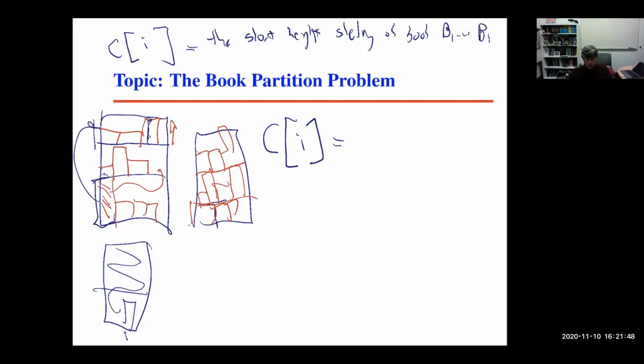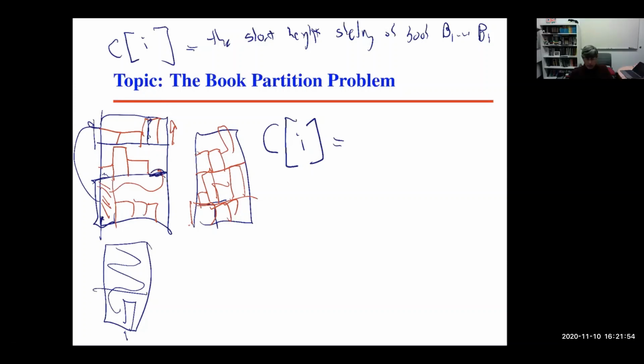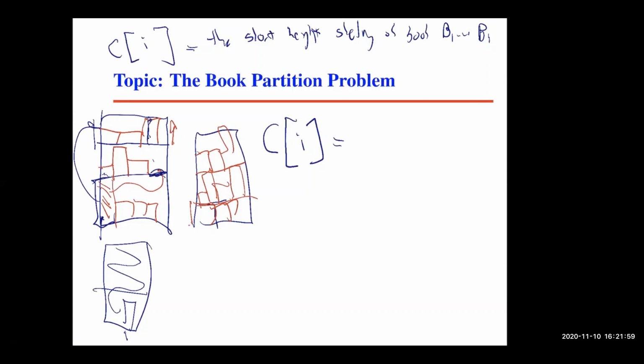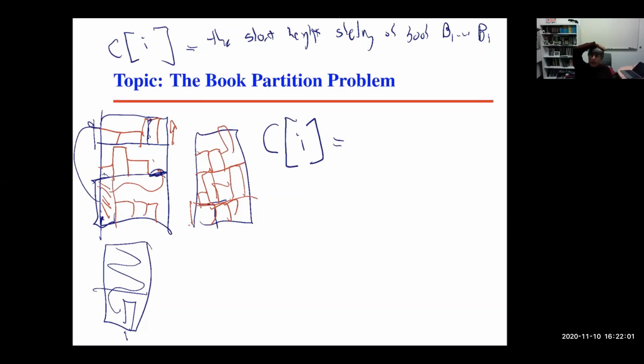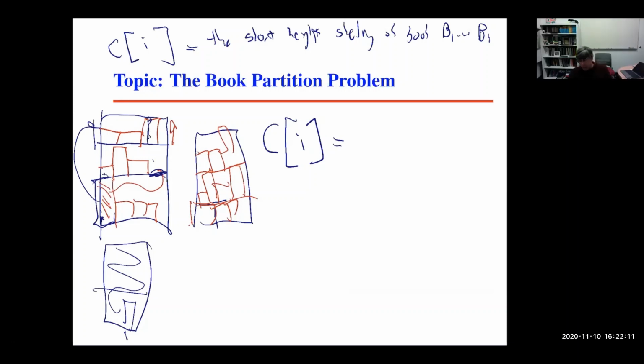But notice that this book is the first book of this shelf, and there's a hole at the end of this shelf. I see. That's the decision I have. If I've got a book, might I want to take a tall book and move it down? Got it.